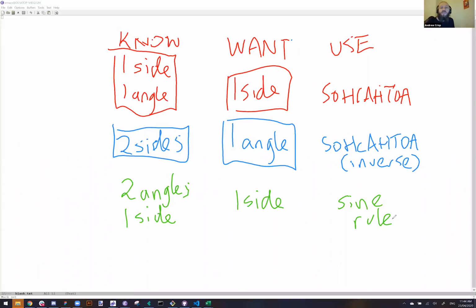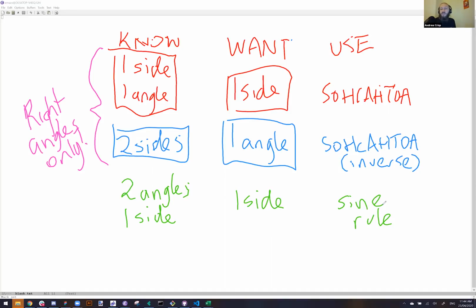But the super duper important part is that this up here is right angles only. Everything we looked at last week and earlier this morning was all about right-angled triangles.